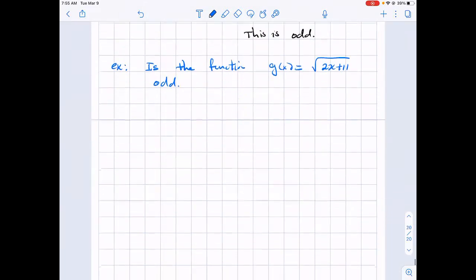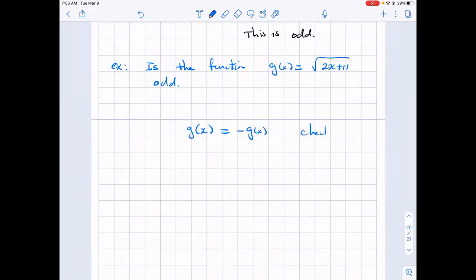Remember, for something to be odd, g of minus x must be equal to minus g of x.